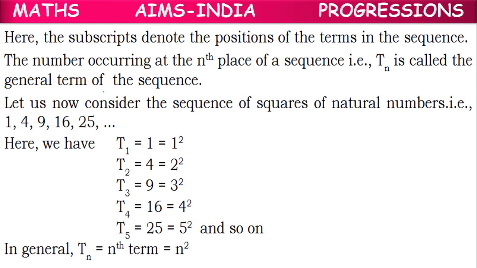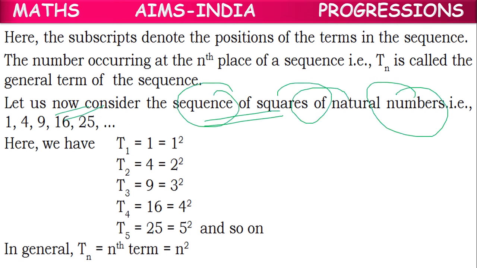So let's see how we can find any term. Let's take this example. Let us consider a sequence of squares of natural numbers. We are going to take a sequence consisting of squares of all natural numbers. We have natural numbers 1, 2, 3, 4, 5 and so on.